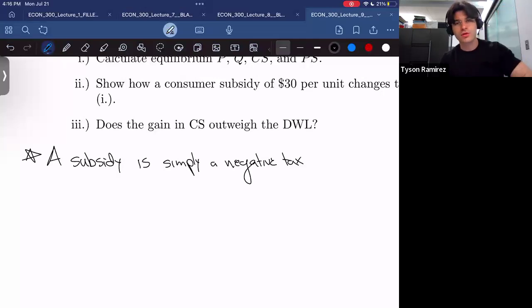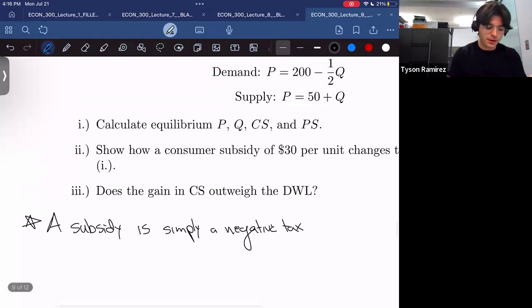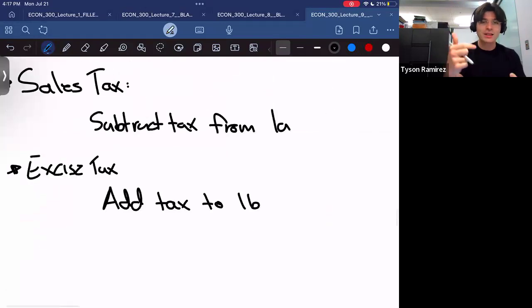So if the tax was subtracting from the consumer, then now a subsidy will add to the consumer if it's a consumer subsidy. And then for the producer, remember I had written up here that an excise tax adds to the producer, the supply side of things. Well, a producer subsidy is going to subtract.